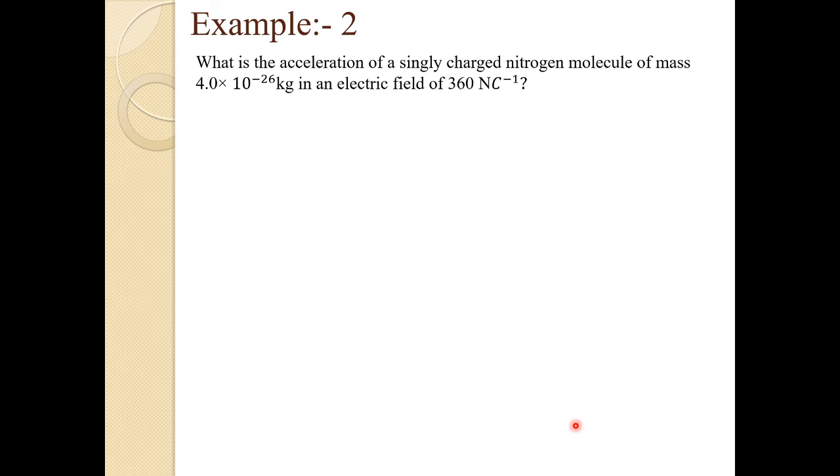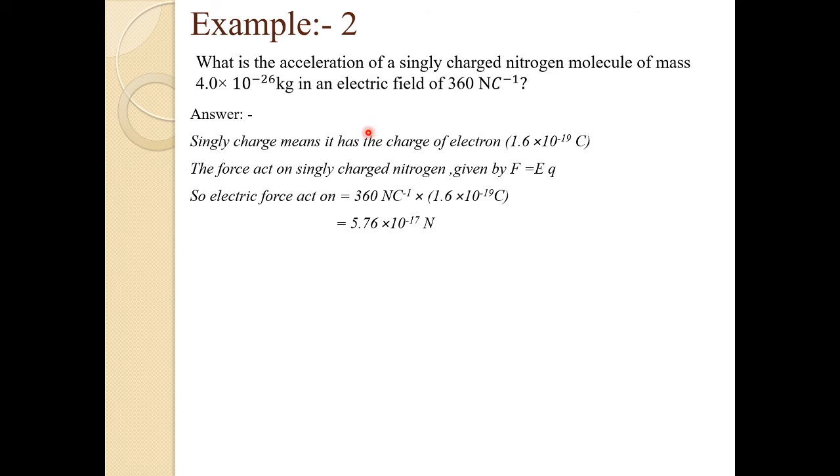Example 2. What is the acceleration of a singly charged nitrogen molecule of mass 4 × 10^-26 kg in an electric field of strength 360 newton per coulomb? Singly charged means it has the charge of an electron, which is 1.6 × 10^-19.